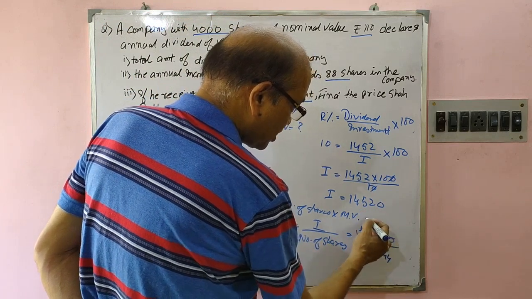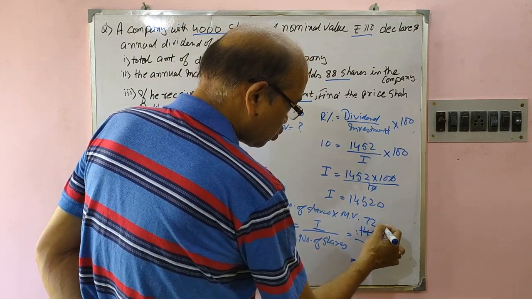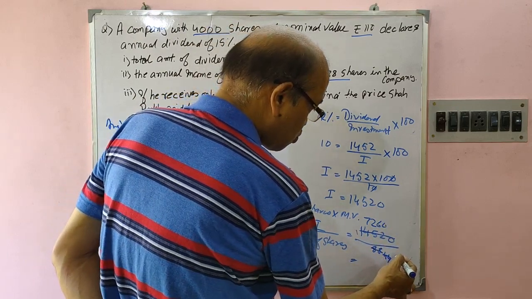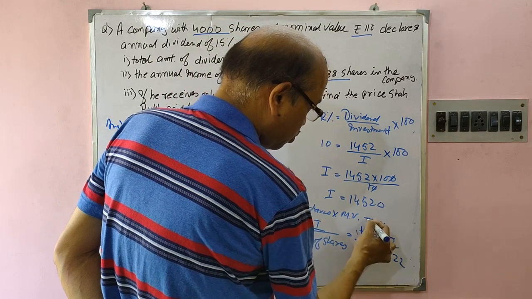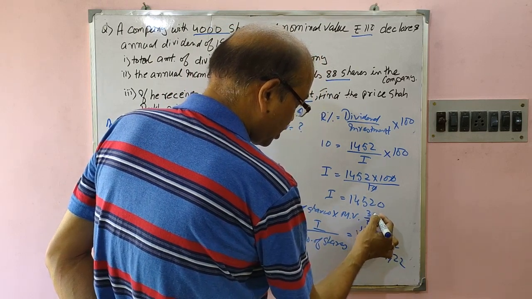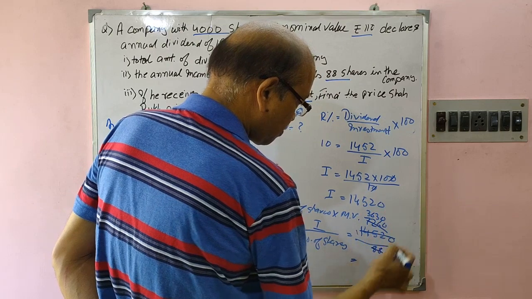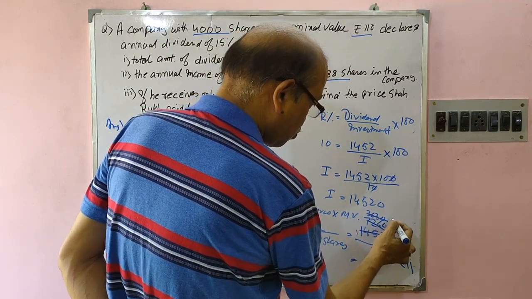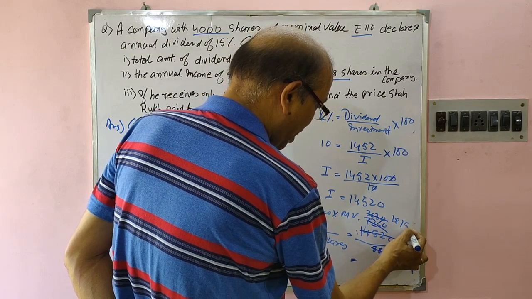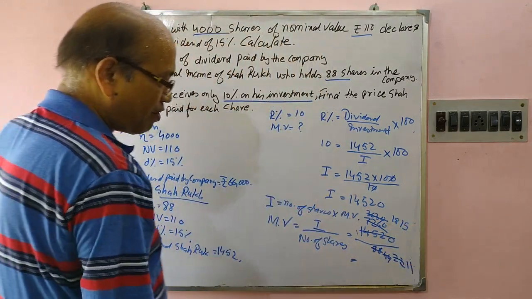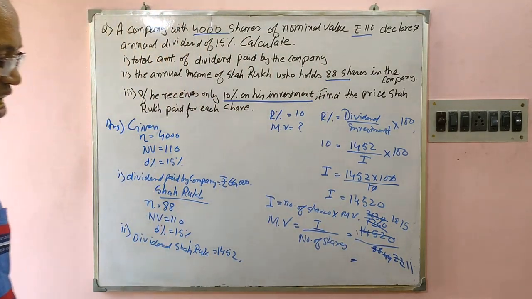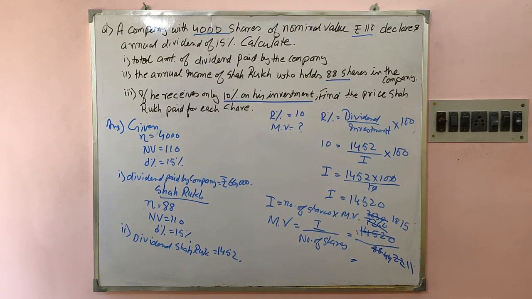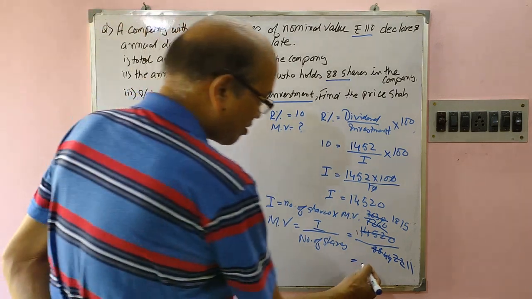2 sevens are 14, 2 twos are 4, 2 6, 7260. Again 2 22, 2 3s are 6, 2 11s, 1815. Now 1815 divided by 11 is 165.